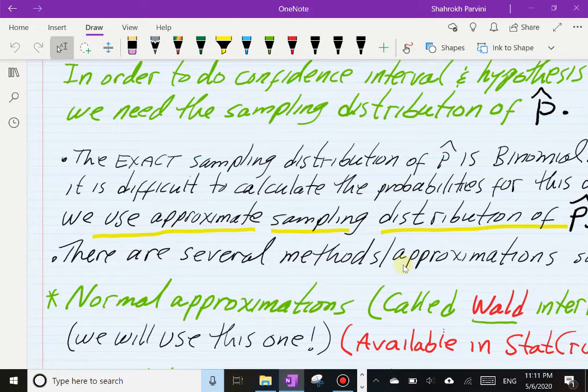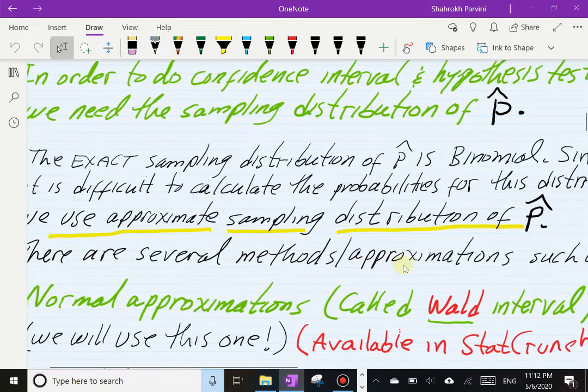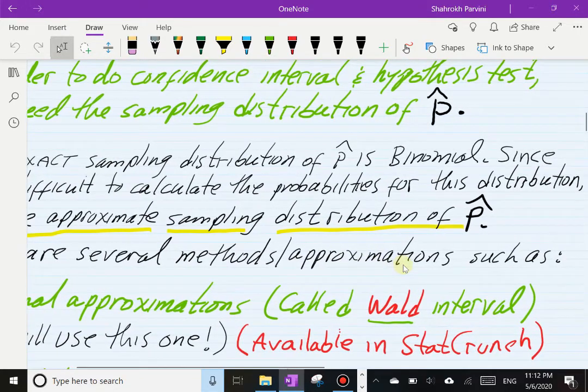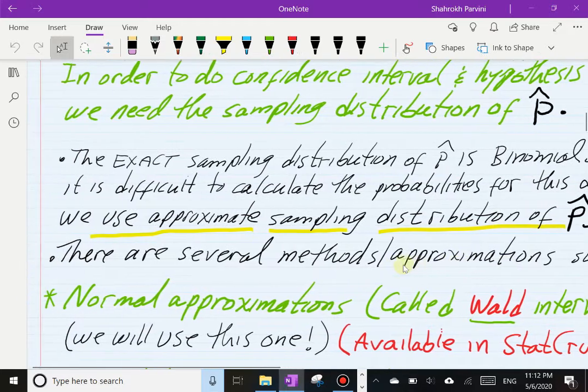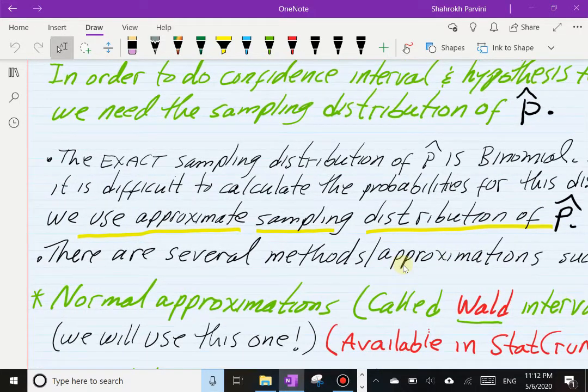Because we worked with the normal distribution so much throughout the course. So we'll actually use this one. This method of approximating the sampling distribution is called the Wald method of doing the confidence interval. StatCrunch actually does this for us, so we will see this done in StatCrunch.